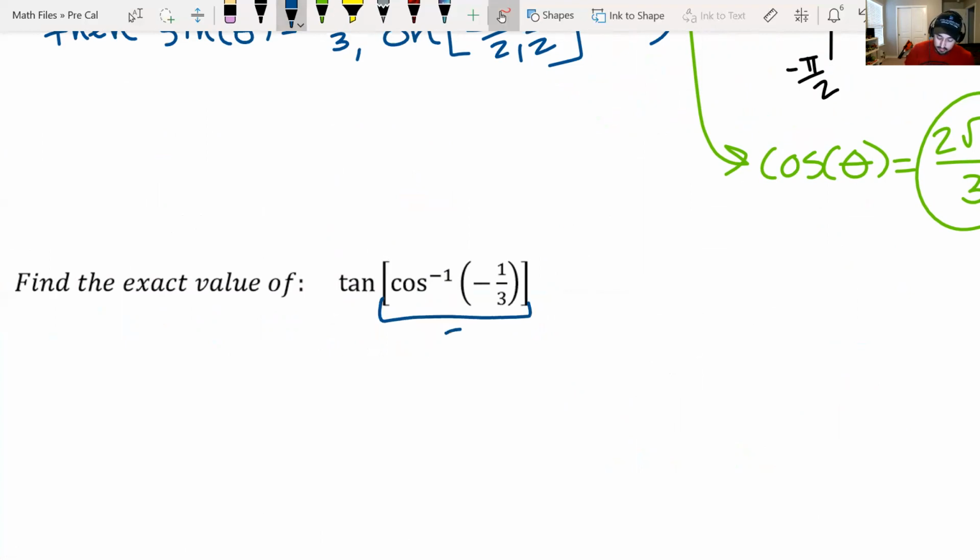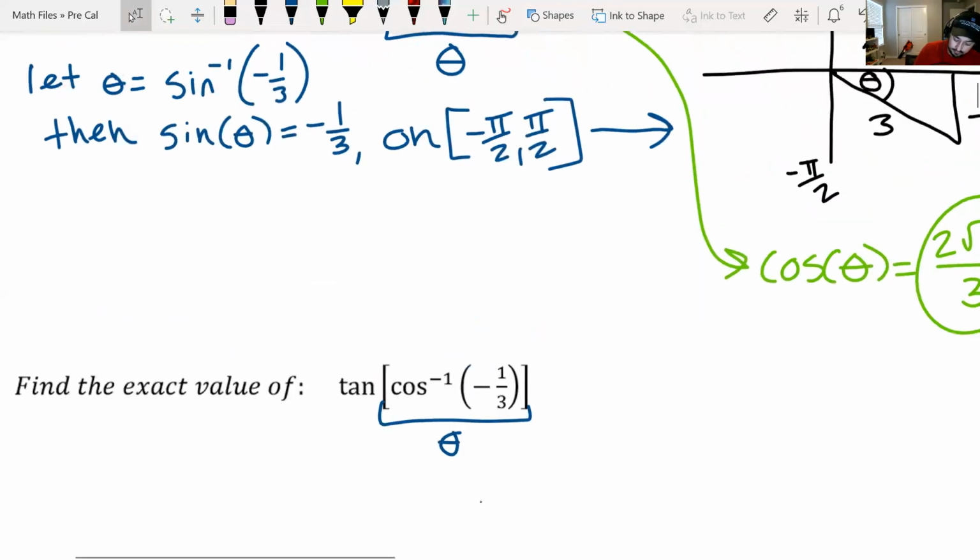Let all of this equal theta. So again, handle this the same way.